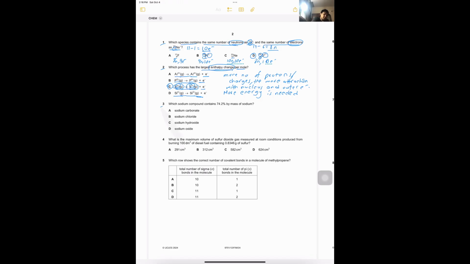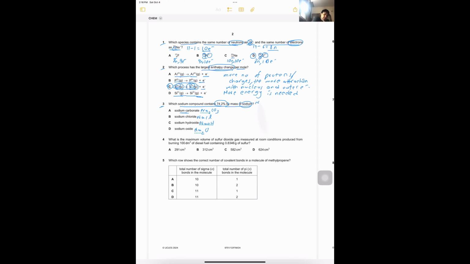Question 3: which sodium compound contains 74.2% by mass sodium? So we have to do trial and error for each of them. So let's write the formula. Sodium carbonate is Na2CO3, sodium chloride is NaCl, sodium hydroxide is NaOH, and sodium oxide is Na2O.